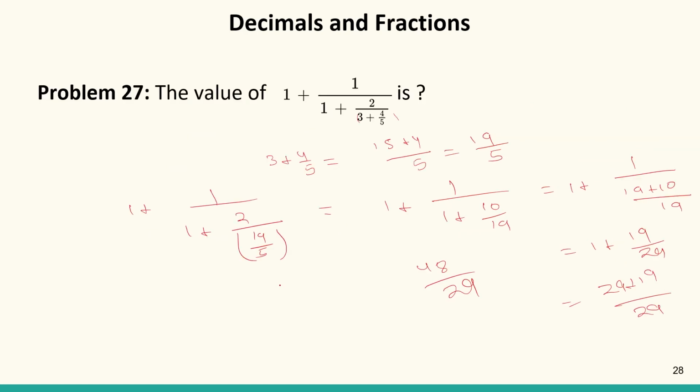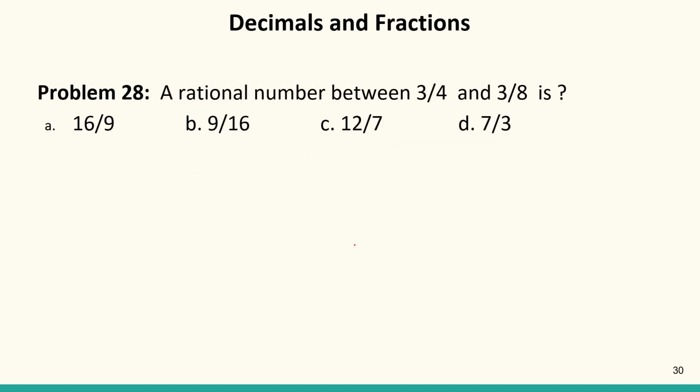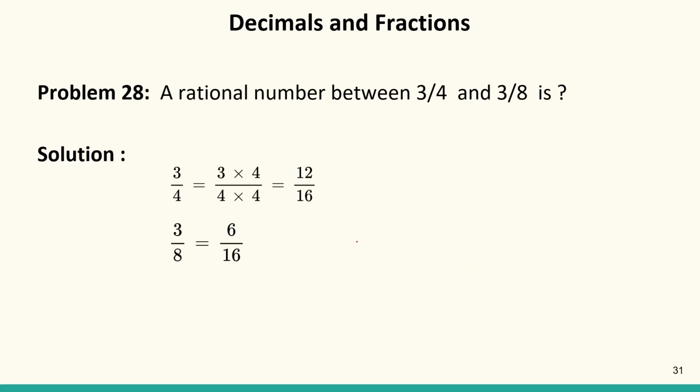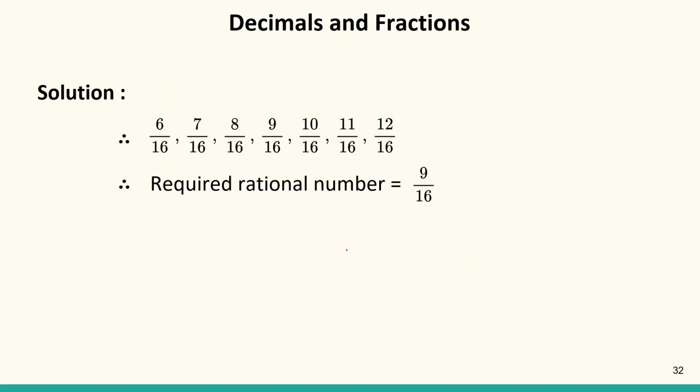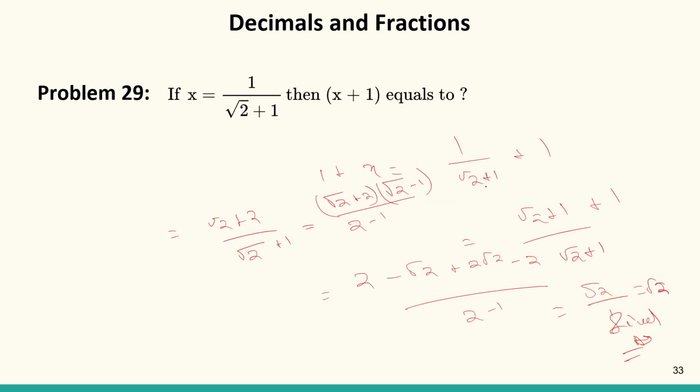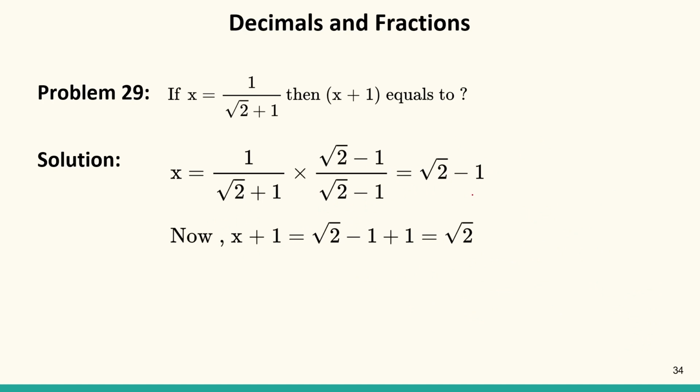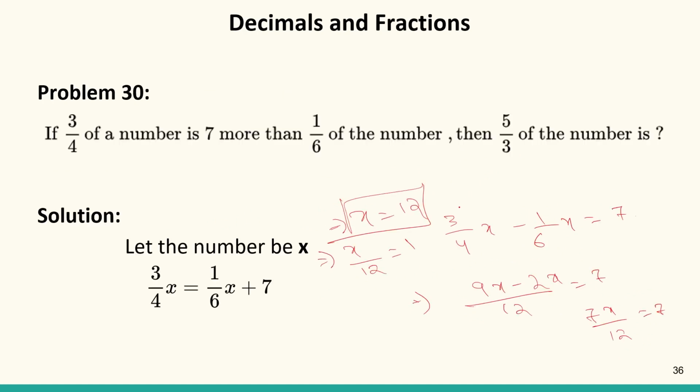We got 3 by 2, and again that same process here. And then we also did this one here, and we found out this was the final answer. Similar problems, and at the end what we did was this one. Okay, thank you.